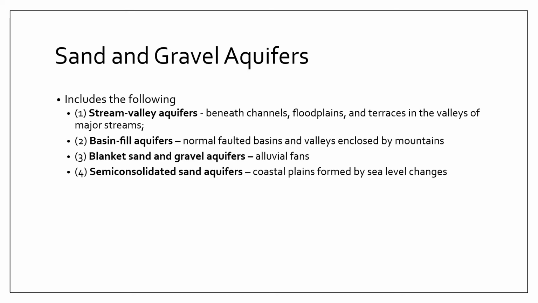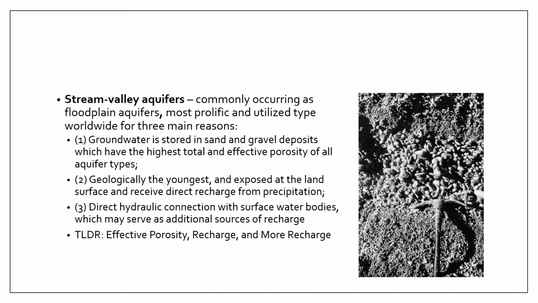All right. Let's talk about the next slide. Now let's talk about the stream valley aquifers in detail. As mentioned earlier, they mostly involve your floodplain areas, and they are actually significant worldwide, and they are actually the most utilized type of aquifer for these three main reasons.